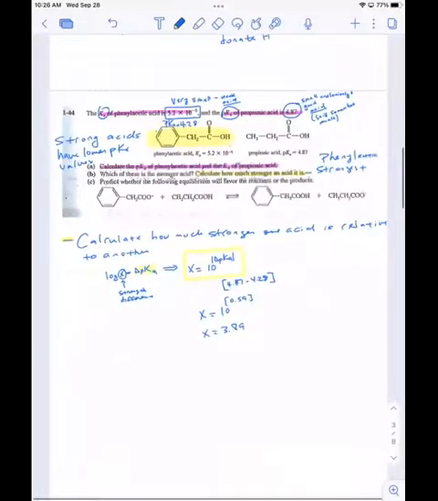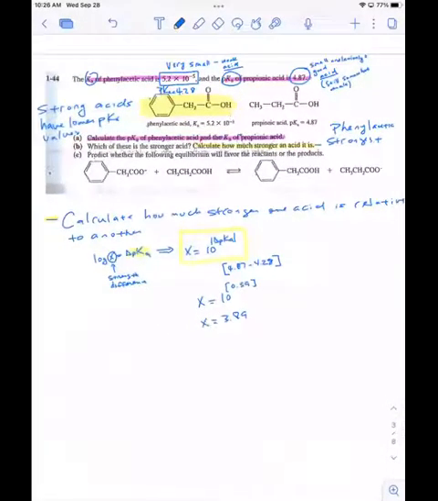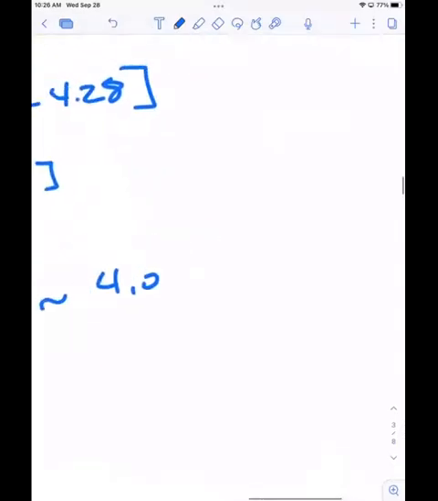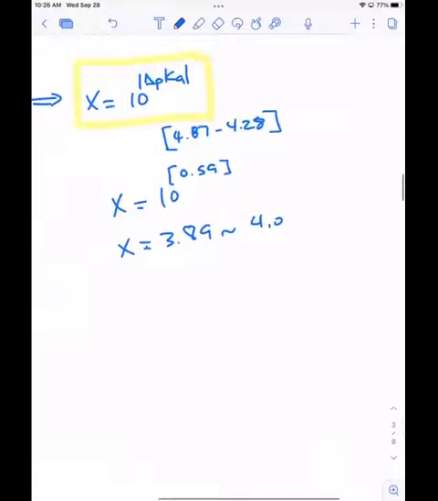So we can say for question B, which is the stronger acid, we know based on the pKa that phenylacetic acid has a lower pKa, so it's a stronger acid. Now we can say how much more acidic it is. It's roughly 4 times more acidic than propionic acid. So we can say that.